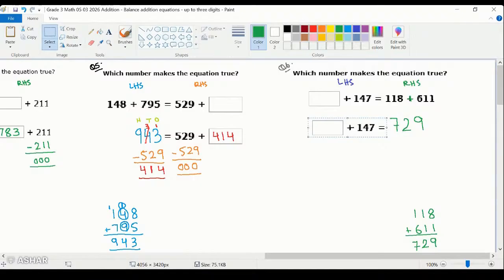And we had a missing number on this side. So what we can do is a missing number plus 147 should be equals to 729. So what we do is we minus this number 147 on both the sides.